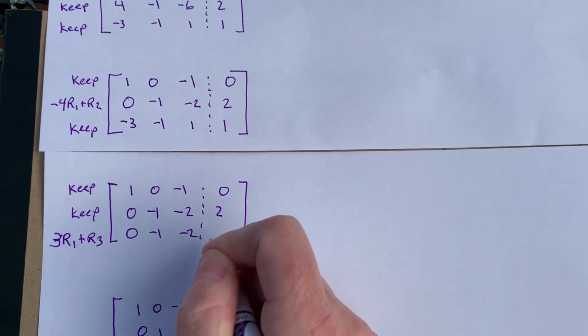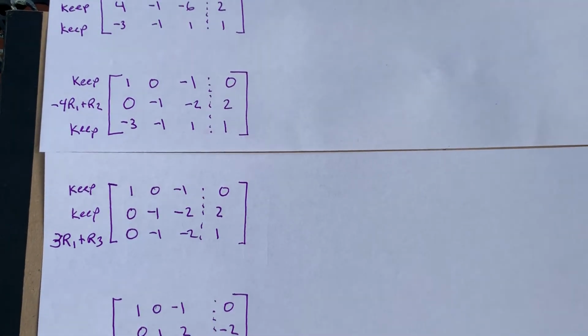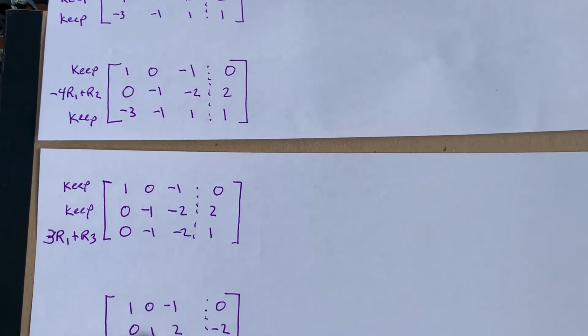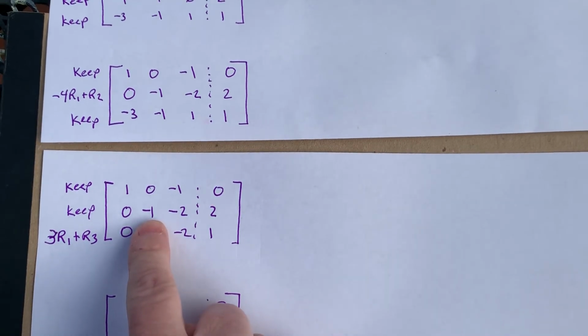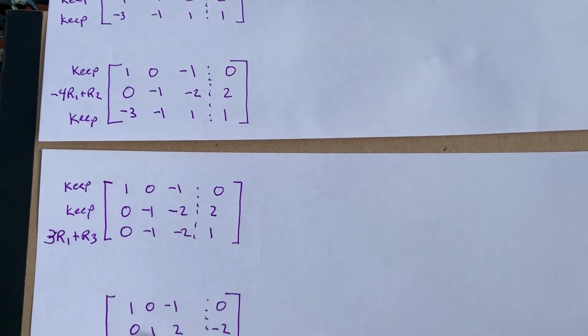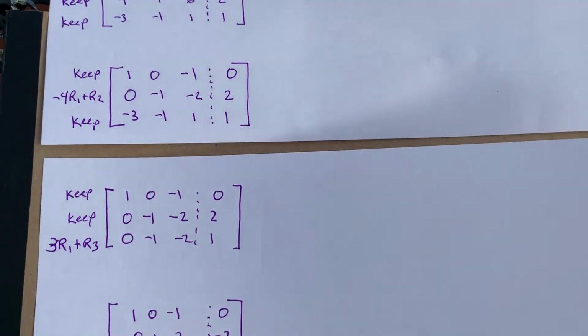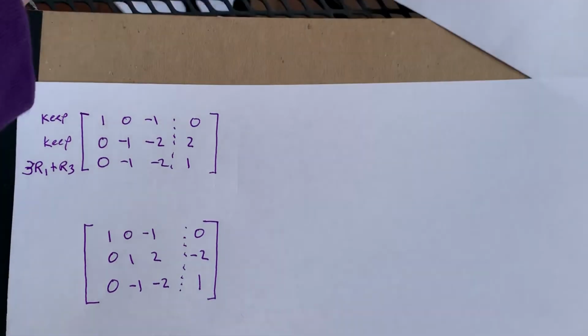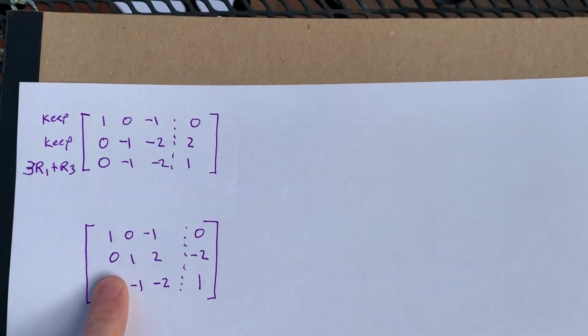-1, -2, +1. All right, so then our next goal should be to get this to be a +1. I think I can do that by just taking that whole row and multiplying it by a -1. So now I've transformed that row into this guy here.